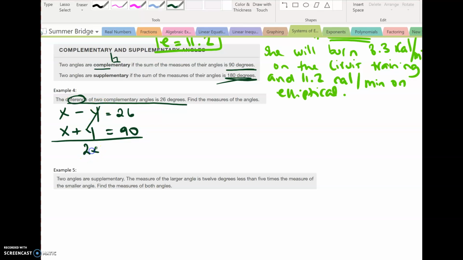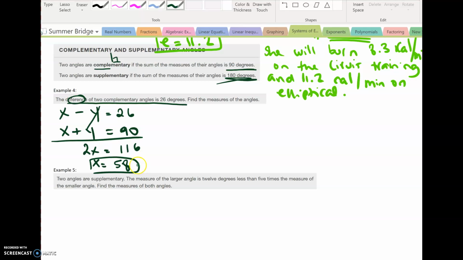And I have 2x is equal to 116. If I were to divide x by 2, I would get that x is equal to 58. Okay, so that is one of my two angles.